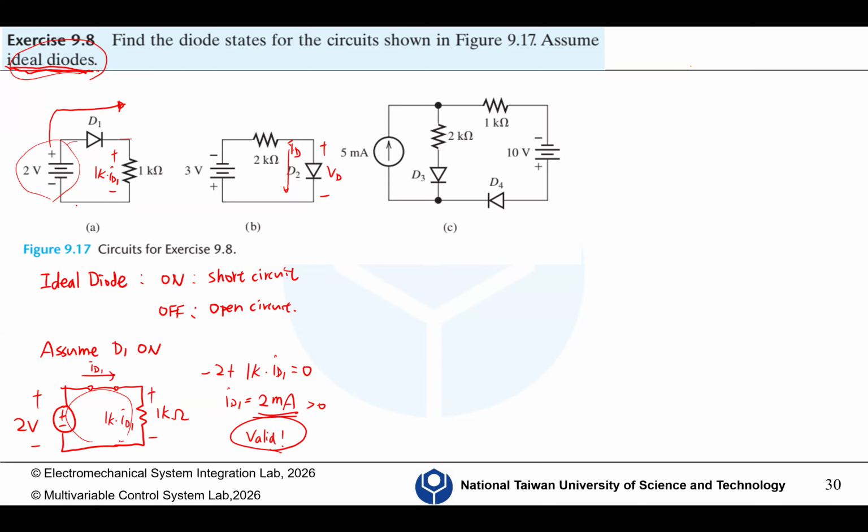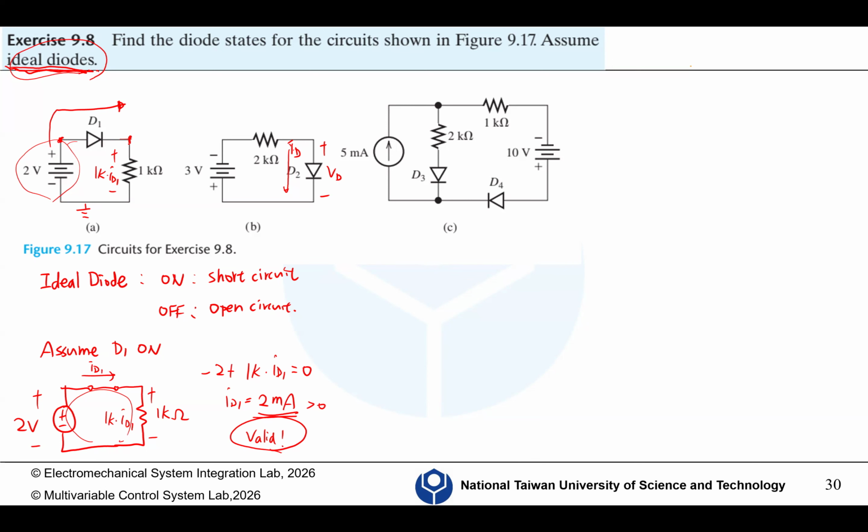Assume this is zero, the electric potential at the bottom of the triangle will always be larger than the electric potential here. So I know it's under forward bias.